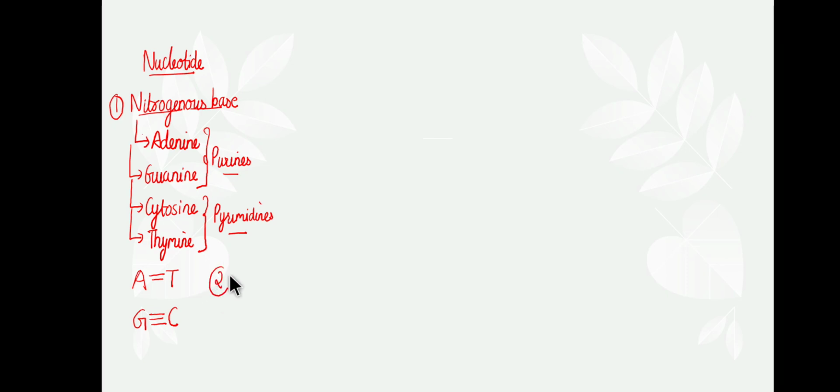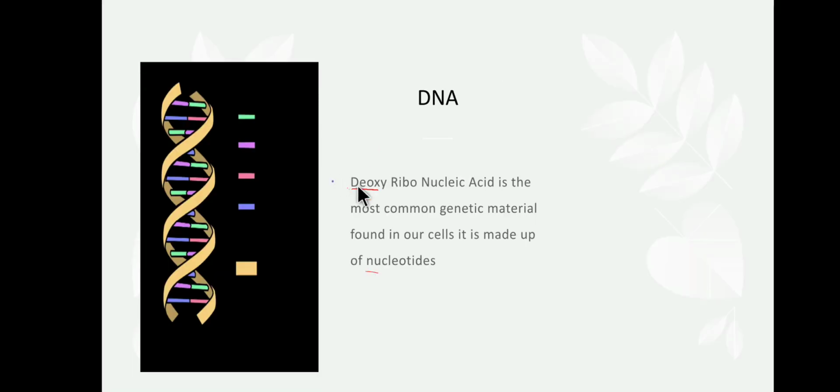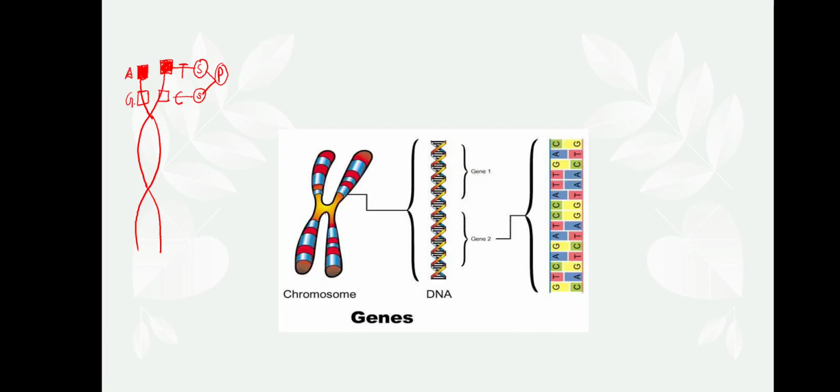The second part is the sugar molecule. Which sugar is it? It is deoxyribose. In the definition of DNA, we have already discussed this. The sugar molecule found in DNA is deoxyribose.